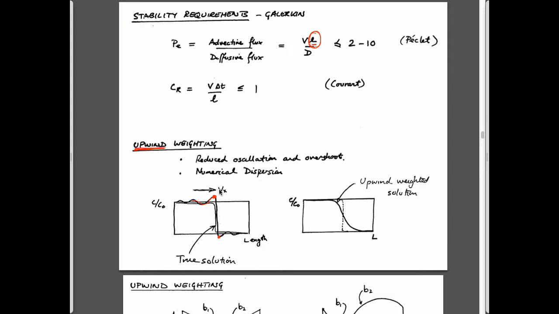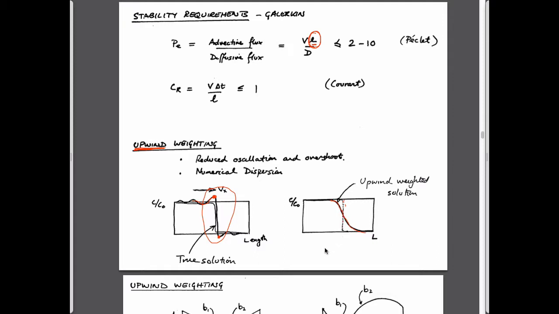So one way to solve for these clearly incorrect solutions is to use upwind weighting, but the downside is that if you provide upwind weighting, what you might get is a solution that looks like this solid line here, which would be the solution from using upwind weighting, but it would not necessarily be the true solution, which might be much sharper, much steeper.